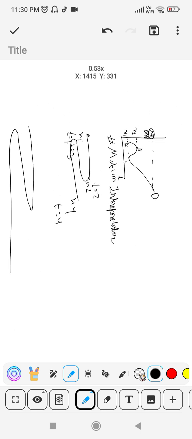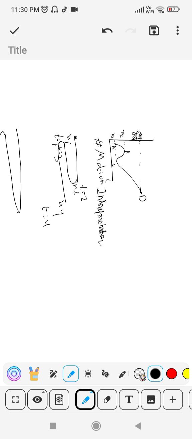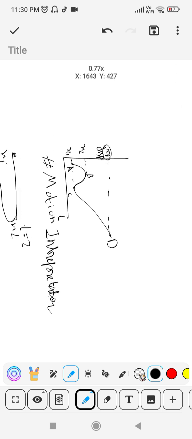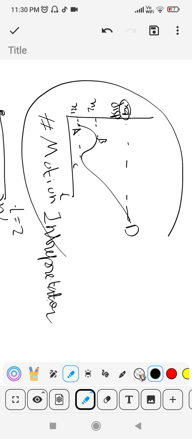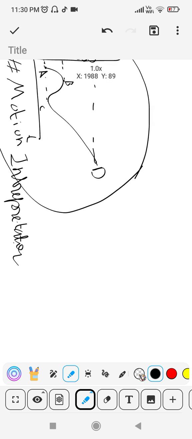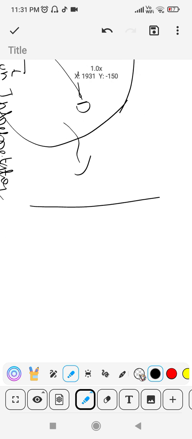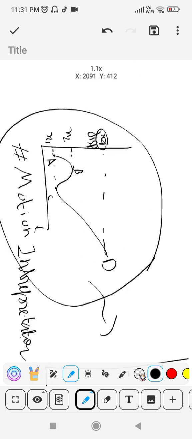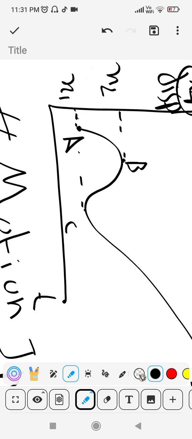If we have to convert this graph, which is currently a displacement time graph, into a distance time graph, let us draw a new graph here. You all know that distance cannot be negative. Displacement can be negative, distance can never be negative.